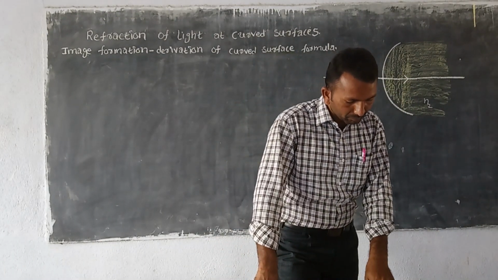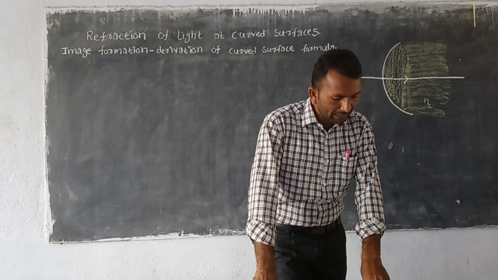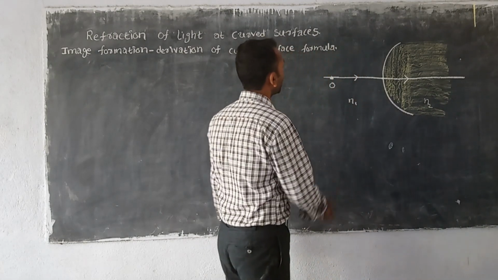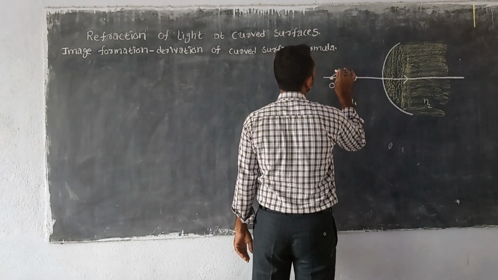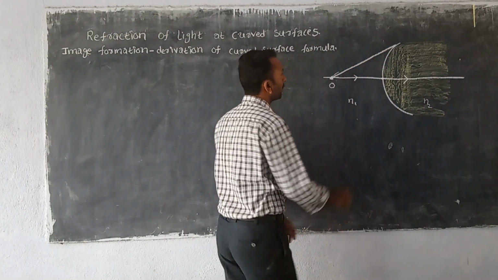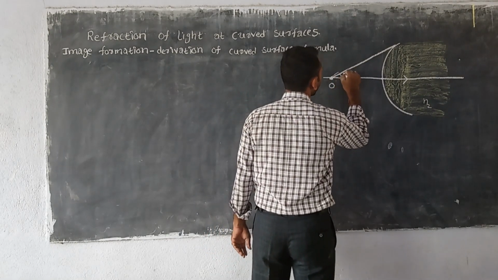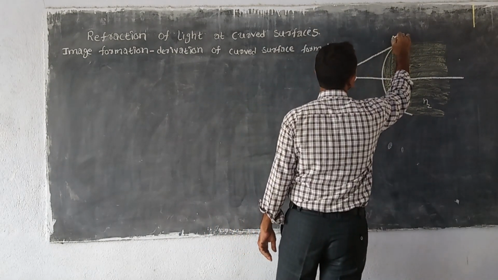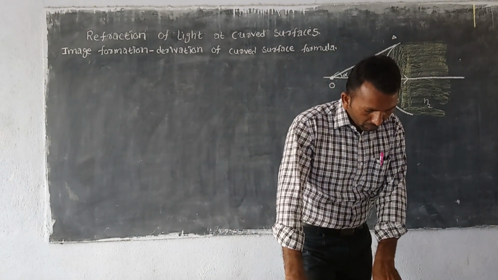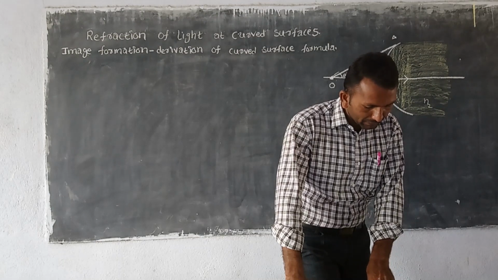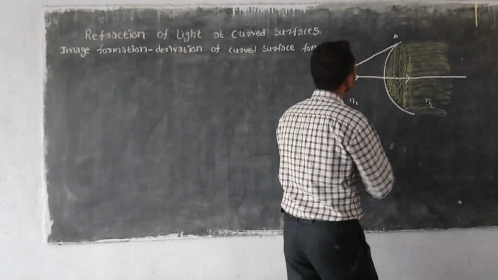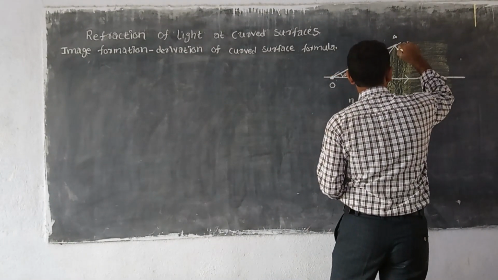The second ray, which forms an angle alpha with the principal axis, meets the surface at A. This ray goes from the same point but makes some angle with the principal axis and intersects the curved surface at point A. First, draw a normal line from this point.